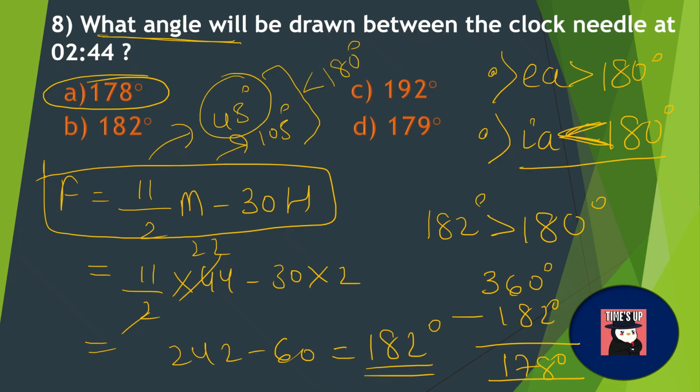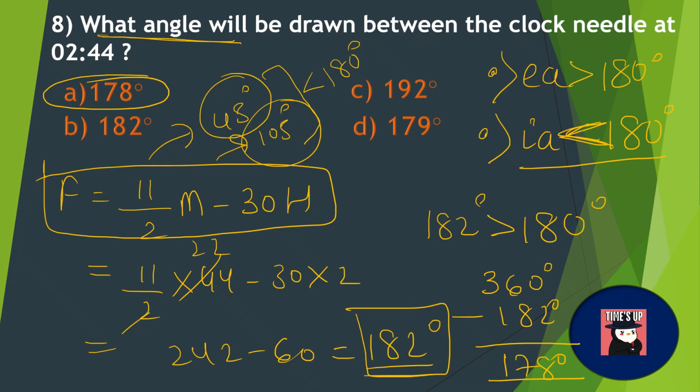But internal angle should be less than 180 degree. That is the condition given here. But here, it is 182 degree, which is greater than 180 degree, right? So that means we need to subtract it from 360 degree.